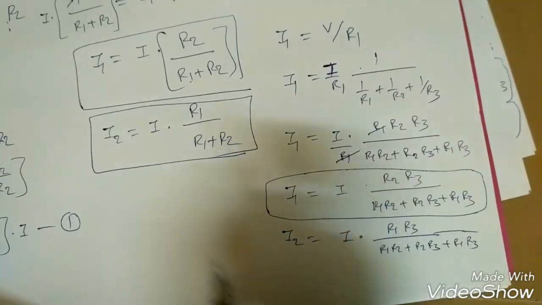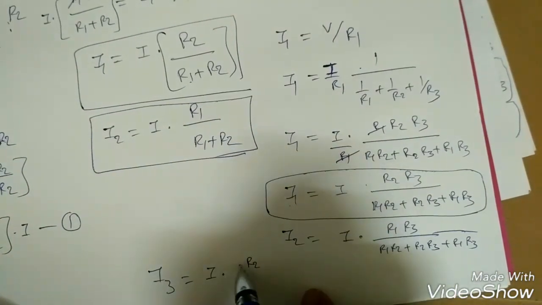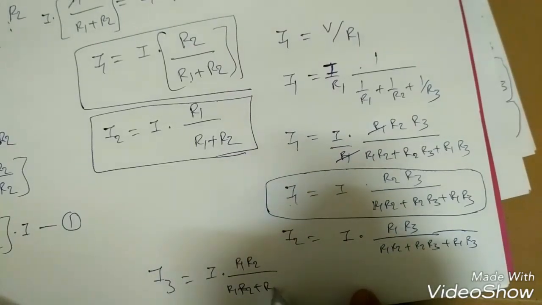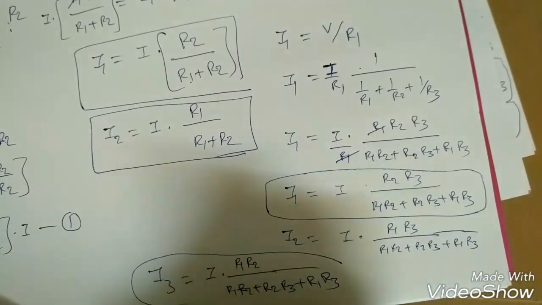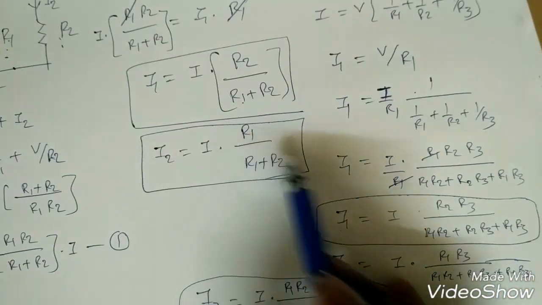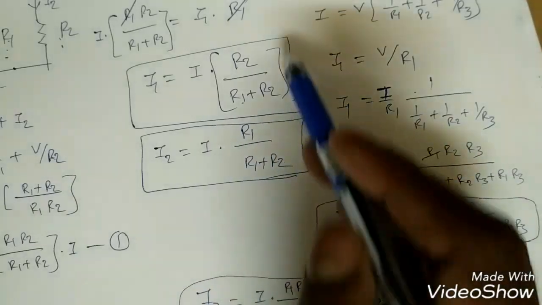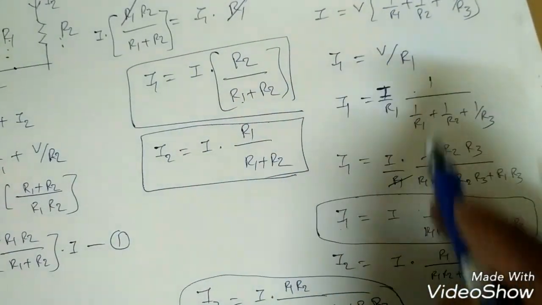Similarly, I can get the last expression: I3 is equal to I into R1 R2 by (R1 R2 plus R2 R3 plus R1 R3). So we cannot find it like opposite resistance over the sum, like R1 R2 by R1 plus R2. We cannot follow the same principle as for two resistances. We have to follow it like this.